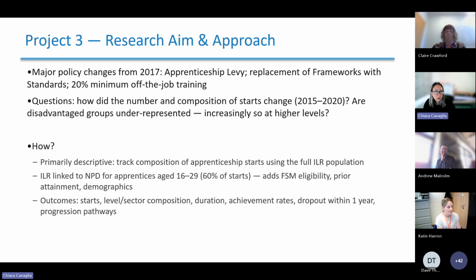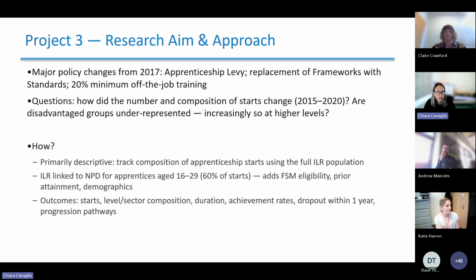And so we wanted to see how this affected the changes in apprenticeships. And given that this was work commissioned by the Sutton Trust, we were also very interested in looking at whether this had implications for social mobility and equity.